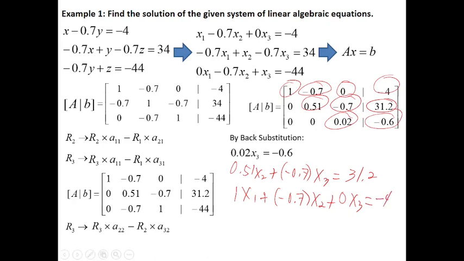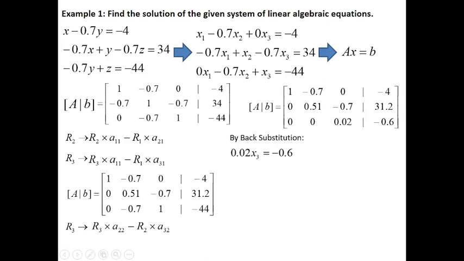Gets nyo, class? So, ganyan ang back substitution. So, what is x sub 3? X sub 3 is negative 30. And then, apply natin. So, therefore, x sub 3 is negative 30.